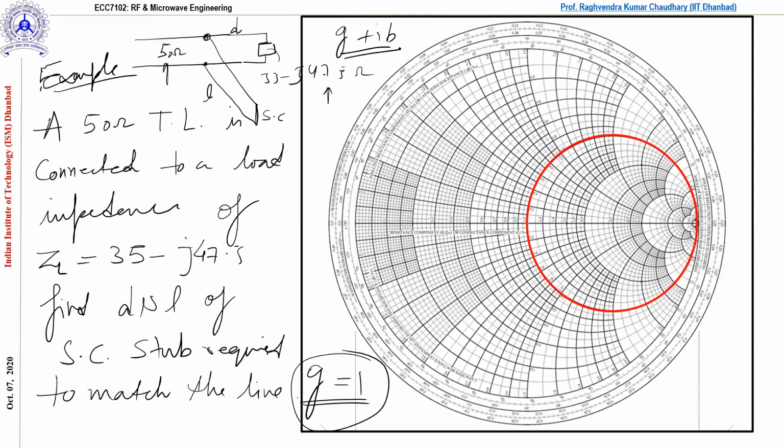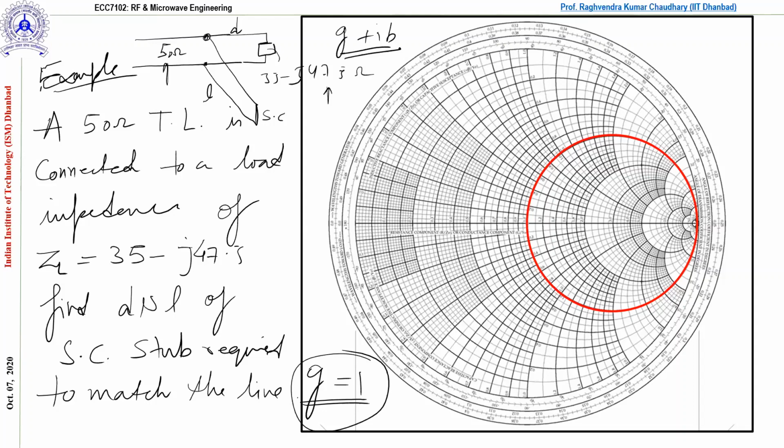So this is the Smith chart. We can use it as an impedance chart or as an admittance chart. I already explained these things. The same impedance chart can be utilized as the admittance chart. Now here, you have to mark the G equal to 1 circle.